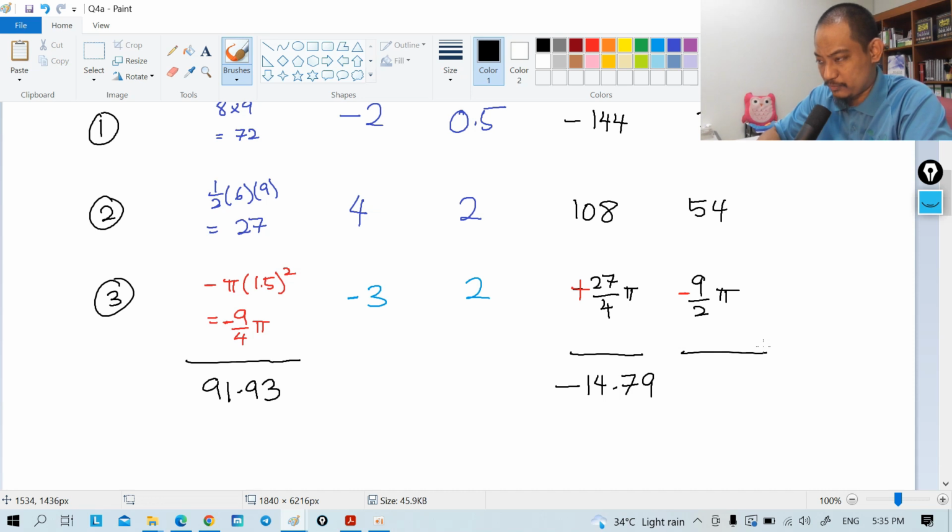Now 36 plus 54 minus 9 divided by 2 times pi, that is 75.86.